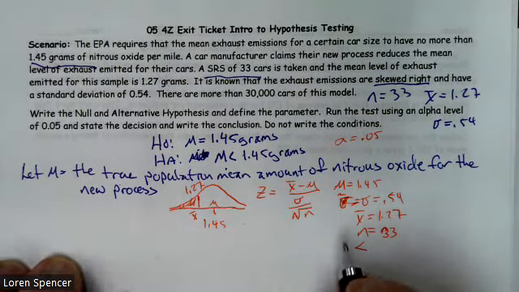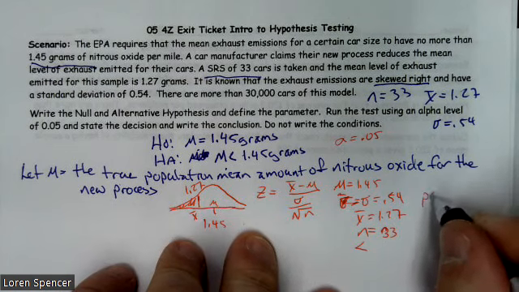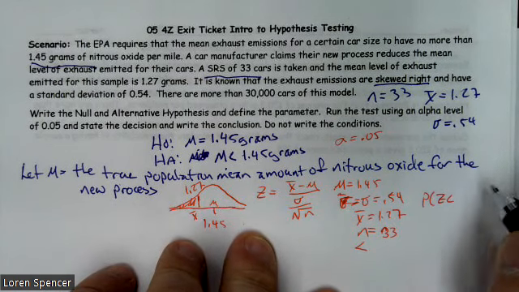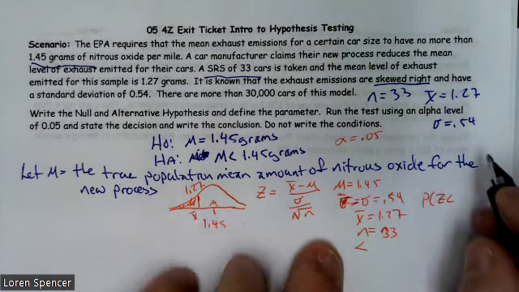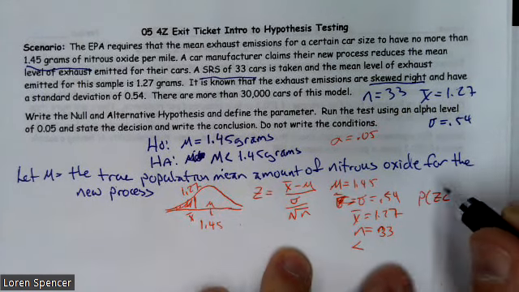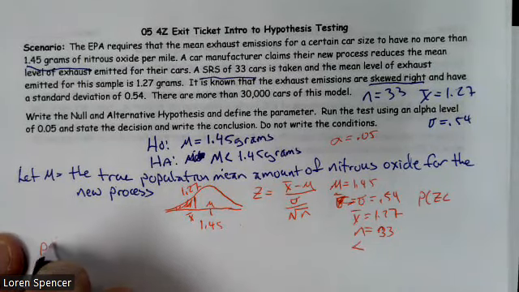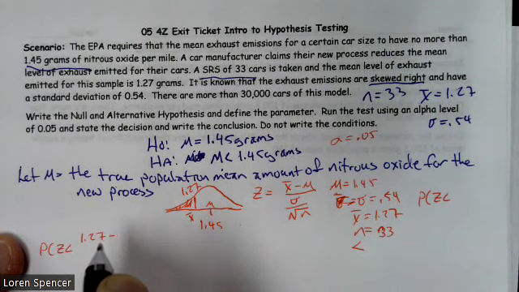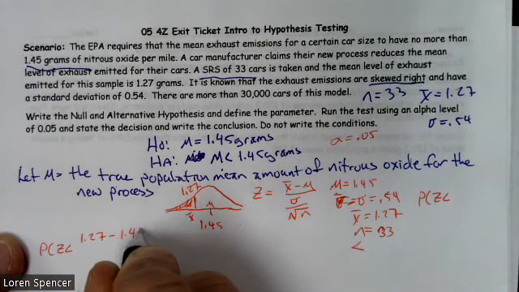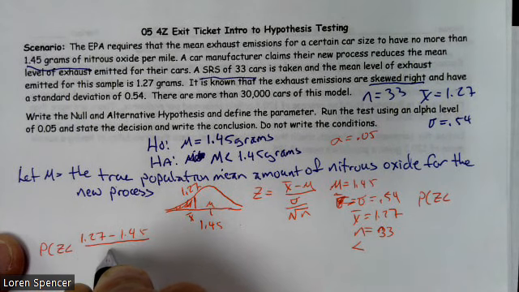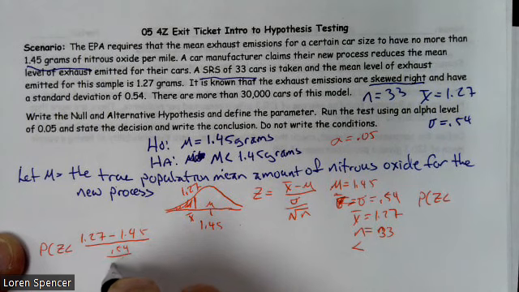So we're going to look for the probability that Z is less than 1.27 minus 1.45 over 0.54 divided by the square root of 33.